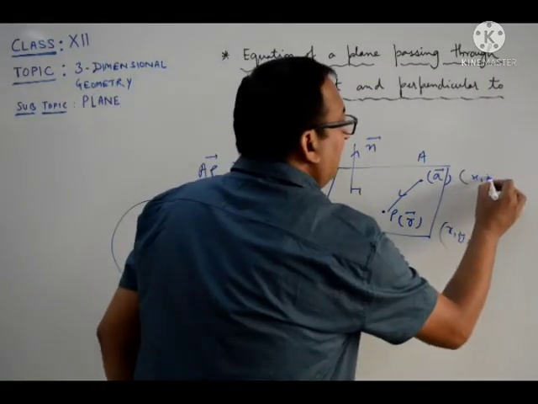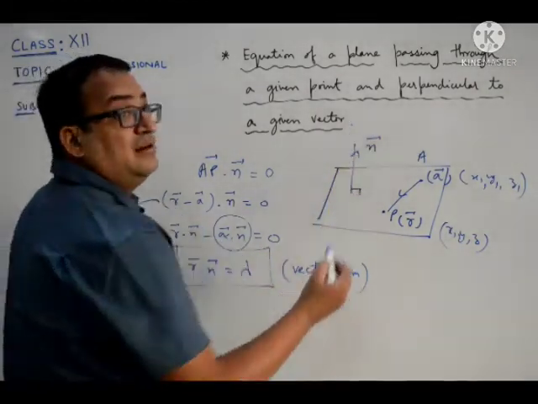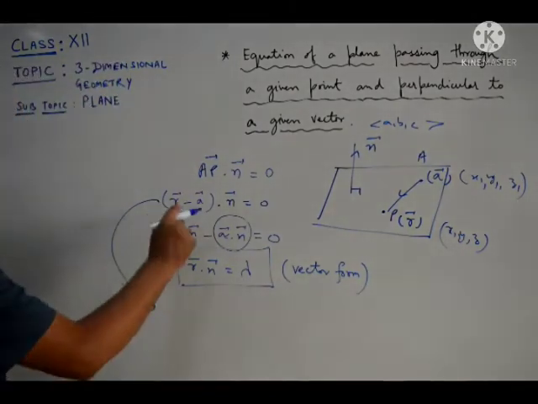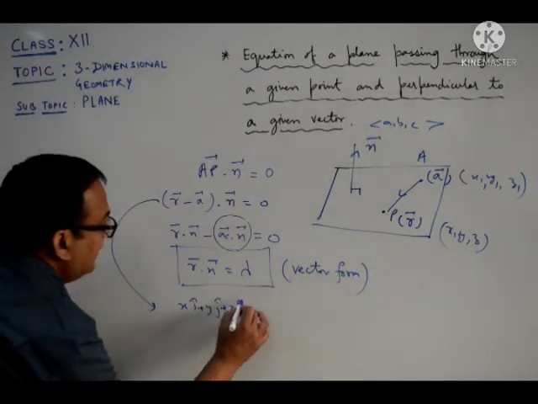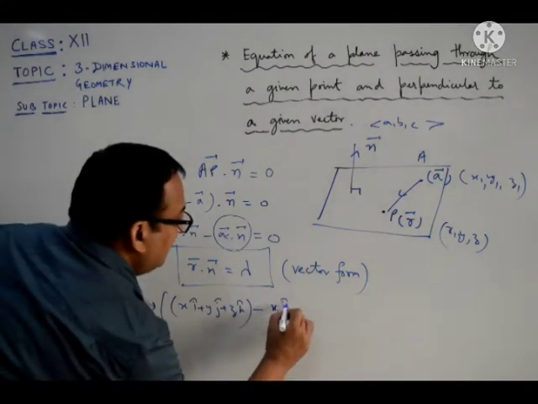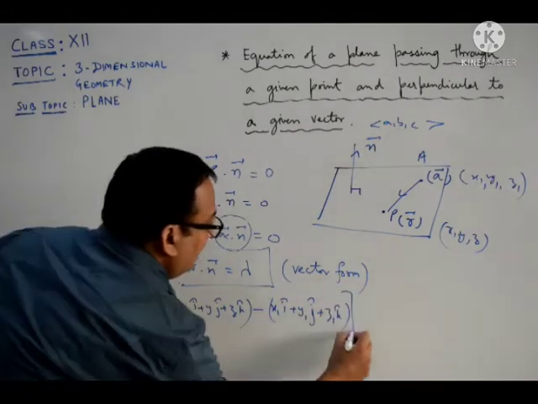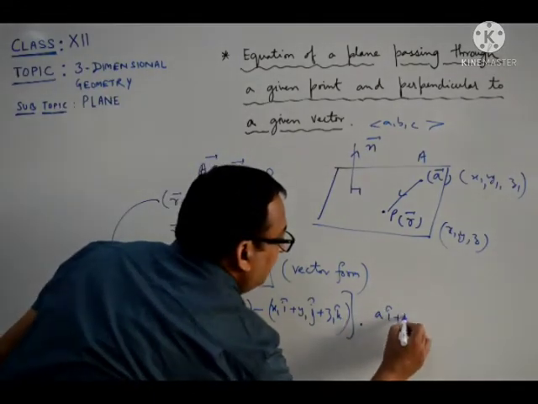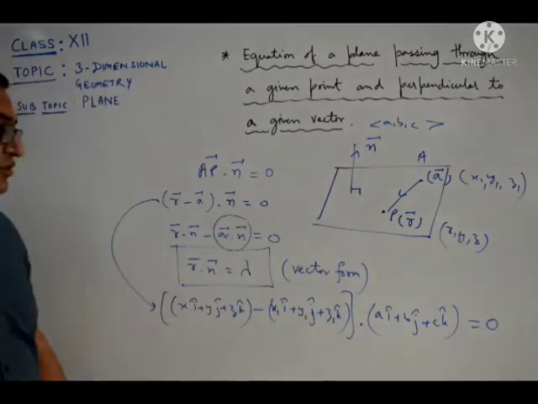Let the passing point be (x1, y1, z1), and let the normal vector have the direction ratios A, B and C. So what I get is (xi plus yj plus zk) minus (x1i plus y1j plus z1k), dot n vector. N vector will be ai plus bj plus ck, and this will be equal to 0.